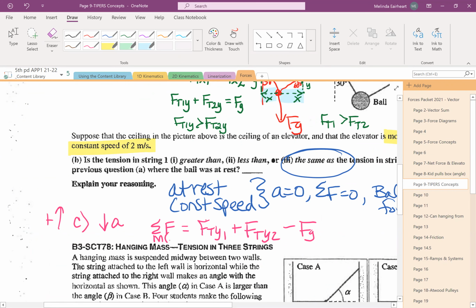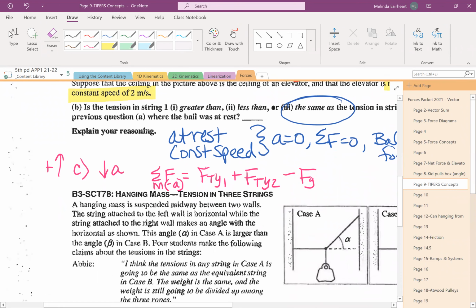And then you'd go m times a negative a, right? It wouldn't equal 0. They wouldn't balance, just the weight. It'd be weight, we'd add, and so it would be minus out the net force, whatever it is. You'd have to know the acceleration. So it is different when you accelerate up or down, okay? The tensions are the ones that change, not your weight. Okay. Bottom one there, y'all can try.